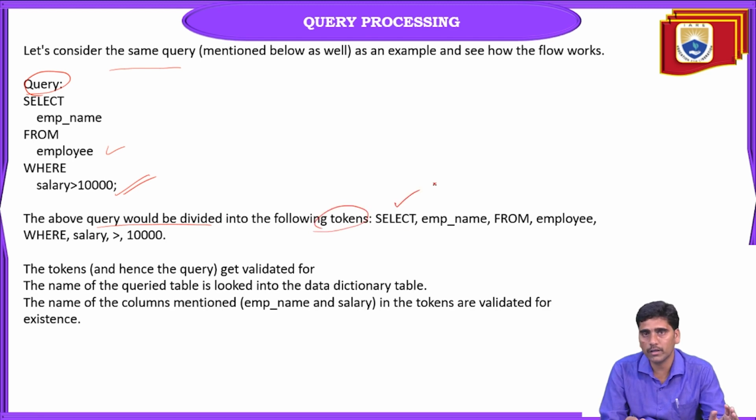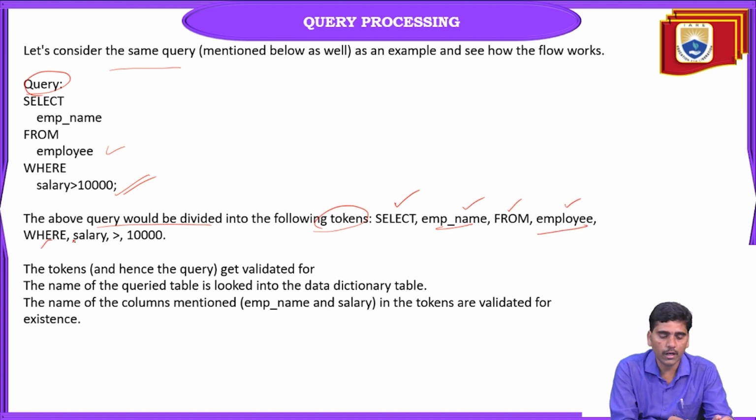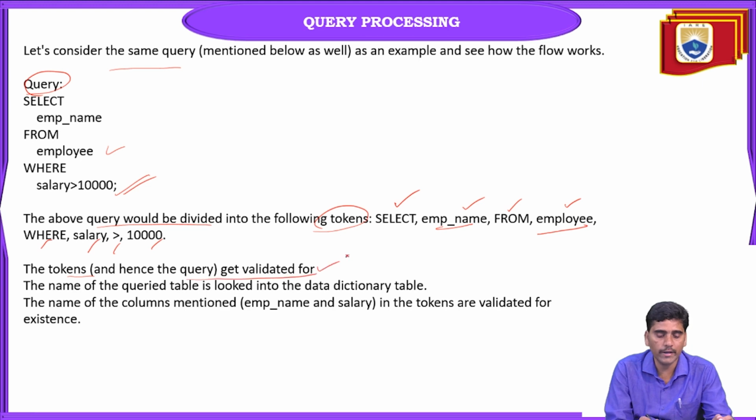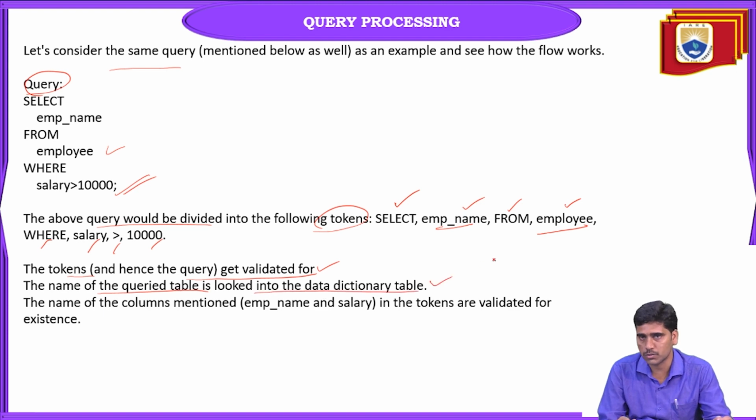Select is one token, employee name is another token, from is one token, employee is one token, where salary greater than 10,000, all are broken down into separate tokens. The tokens and hence the query get validated, and the name of the queried table is looked up in the data dictionary table also.